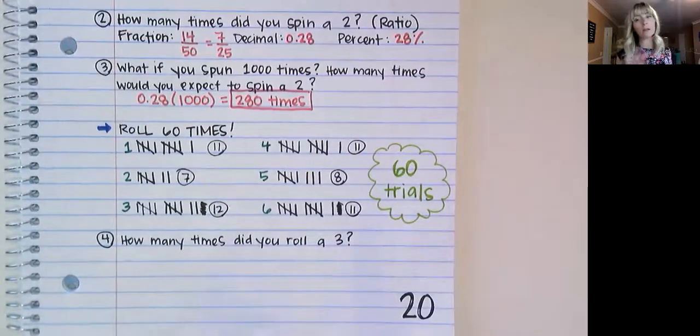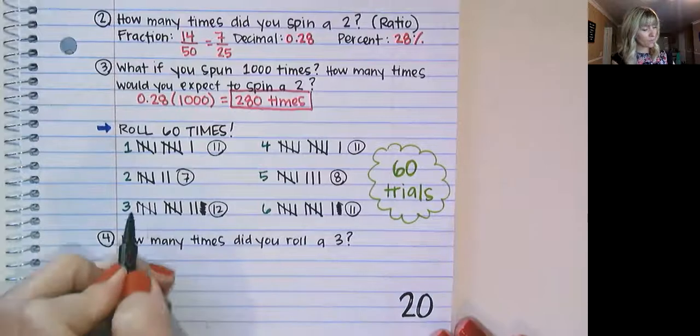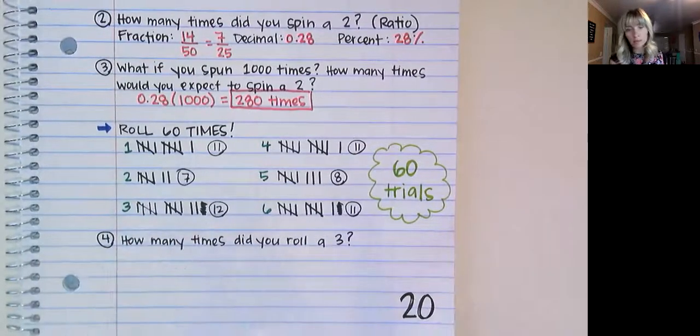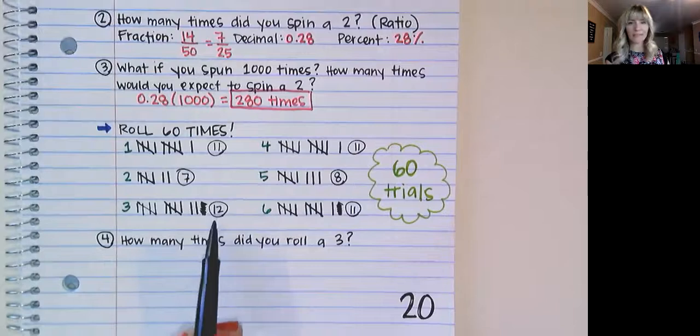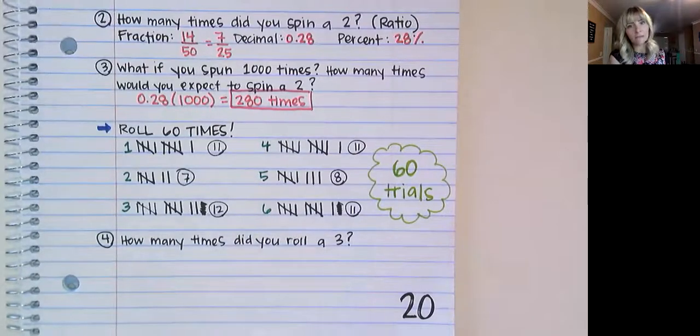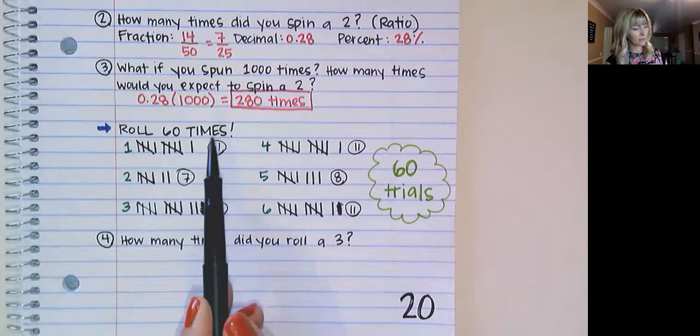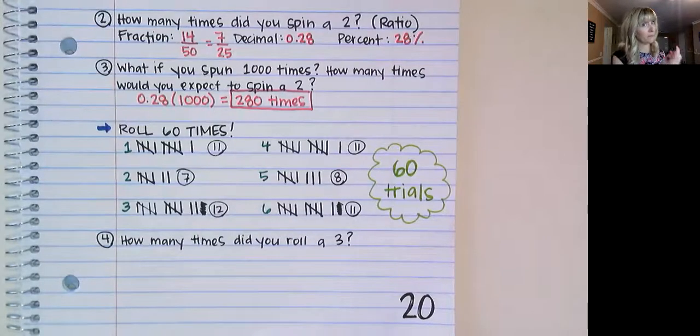And we could do this for all of them, but we'll just show an example with one. Now, obviously, I know that I rolled a 3 12 times. Yours might be different. It's probably something around 10. Some of these were lower than 10, some of them were higher than 10, but probably something around 10.